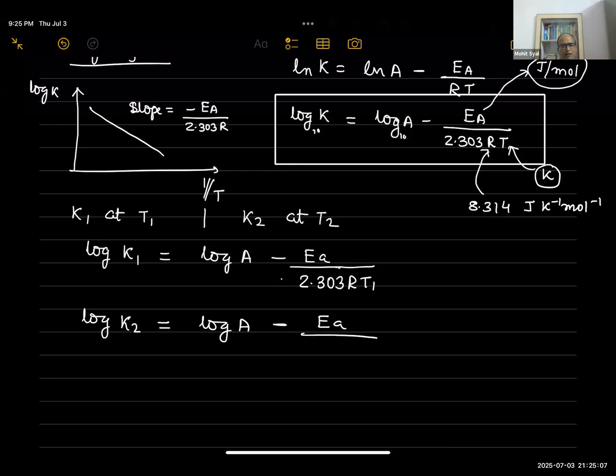I will write that for T1 and T2 the rate constants are K1 and K2.